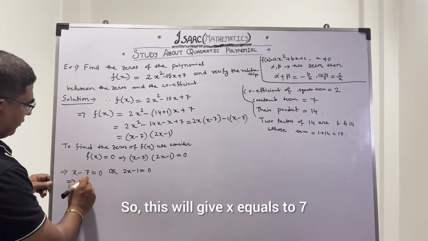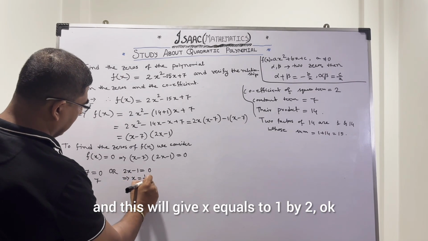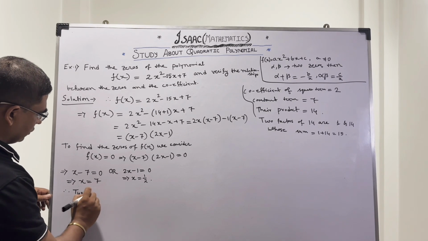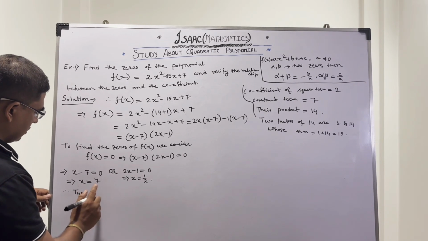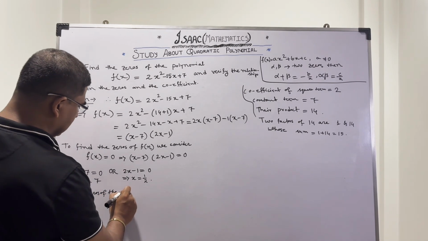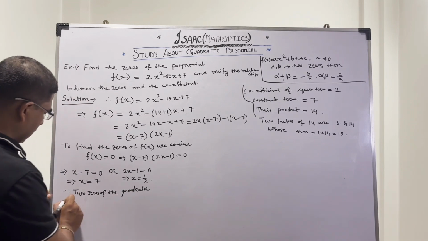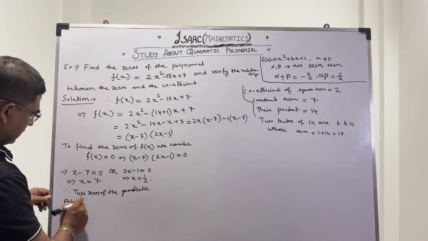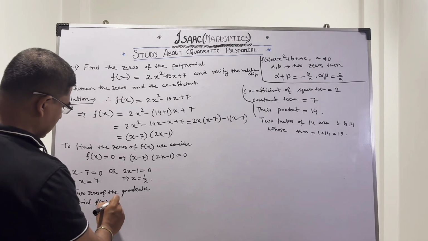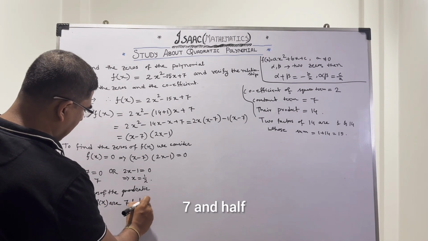So this will give x equals 7 and this will give x equals 1 by 2. Therefore, the two zeros of the quadratic polynomial f of x are 7 and half.